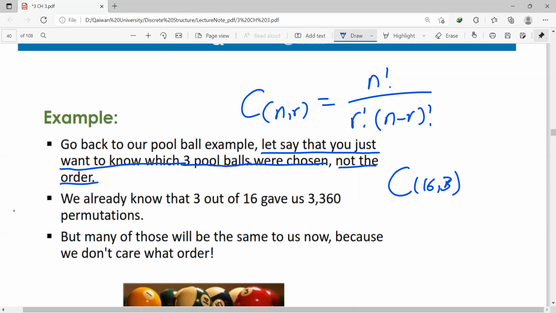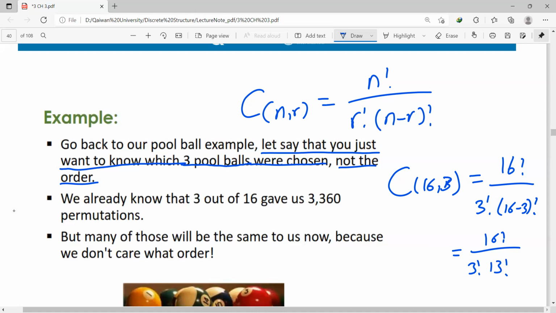So it equals 16 factorial divided by 3 factorial times (16 minus 3) factorial. R here is 3. We just replace n and R by their values. This equals 16 factorial divided by 3 factorial times 13 factorial.